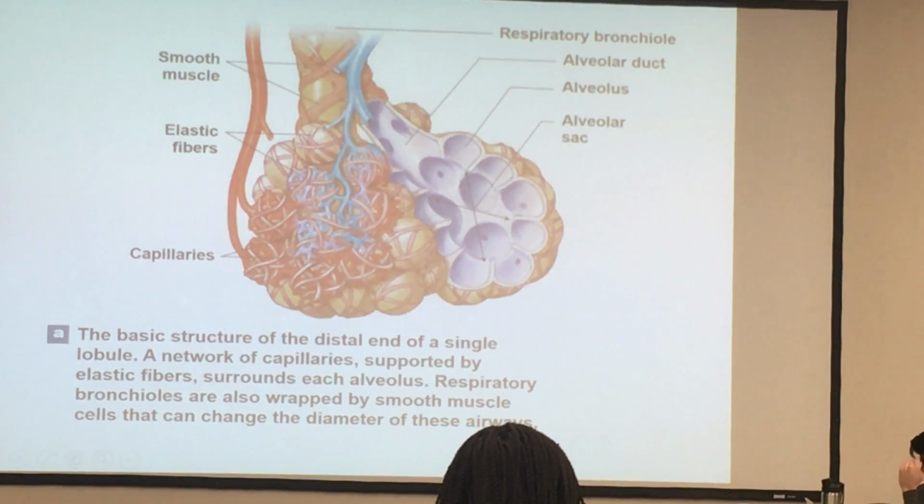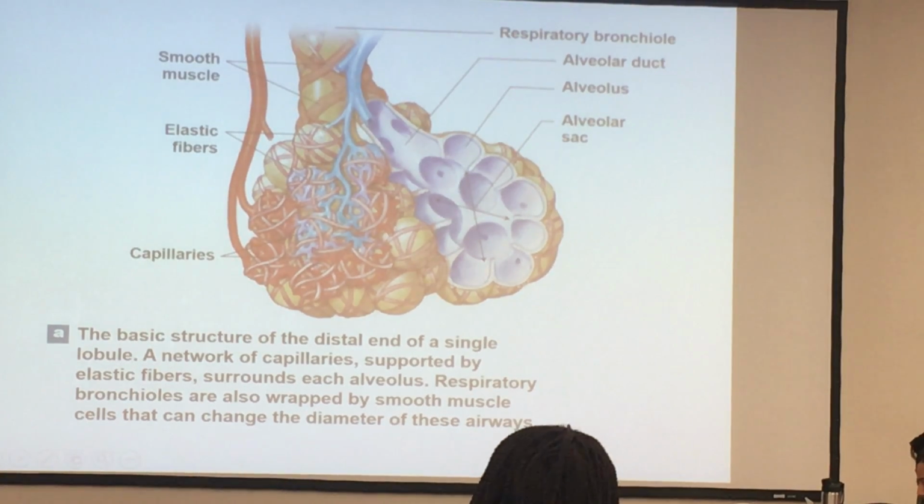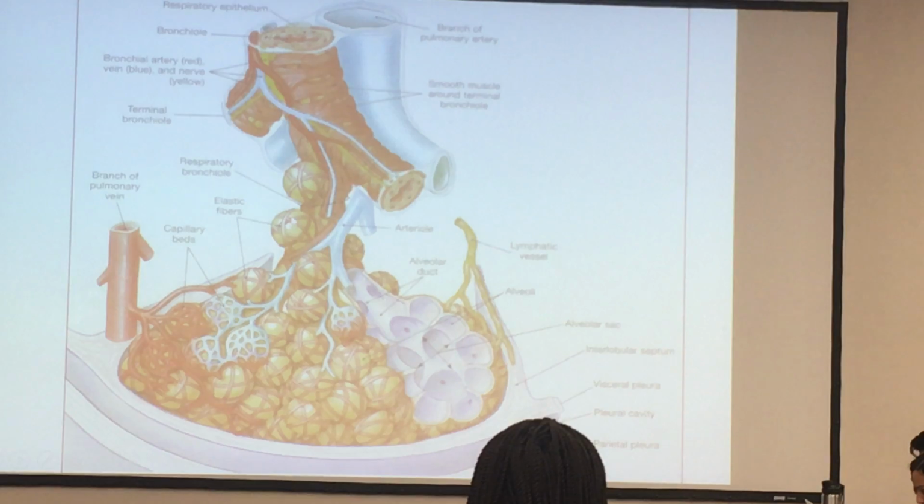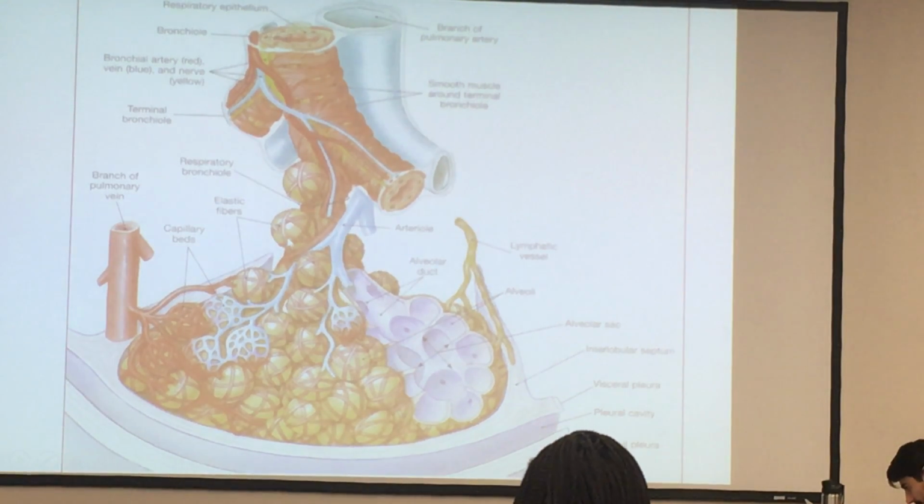Outside of it, we also have elastic fiber to hold the shape of the alveoli. In this model, they show you the elastic fiber. You see some of them in gray color. It's just fiber, not blood vessel.